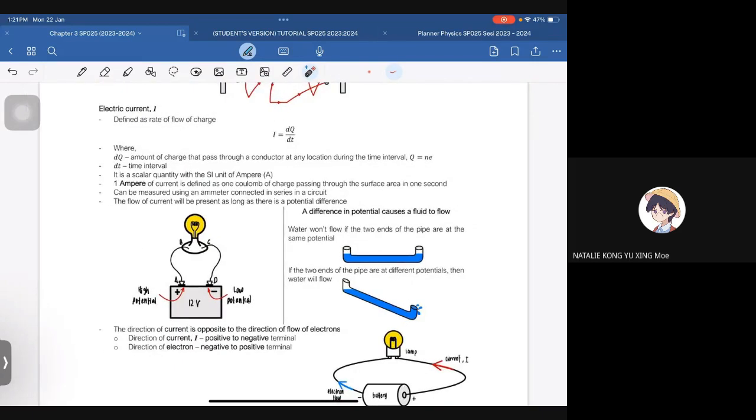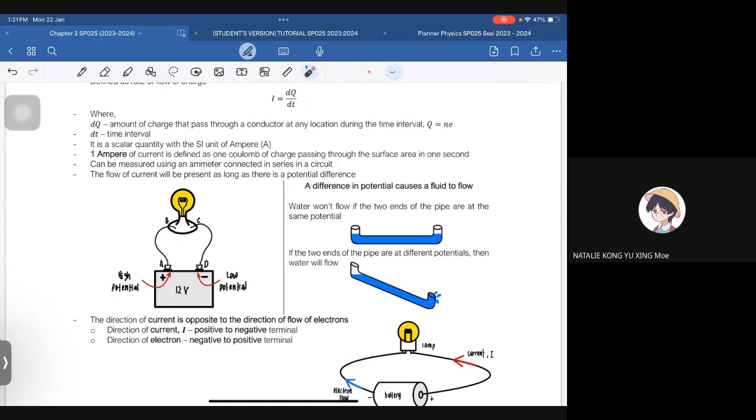What I'm talking about here is that there will always be a flow of current if there is a potential difference. This is an analogy.